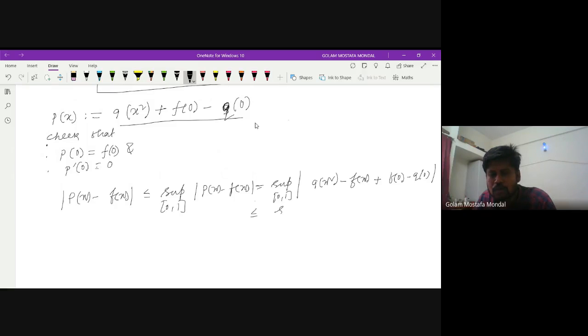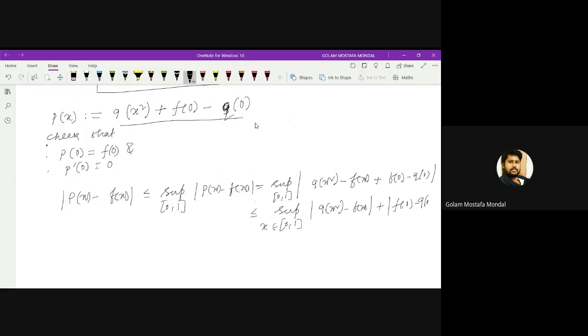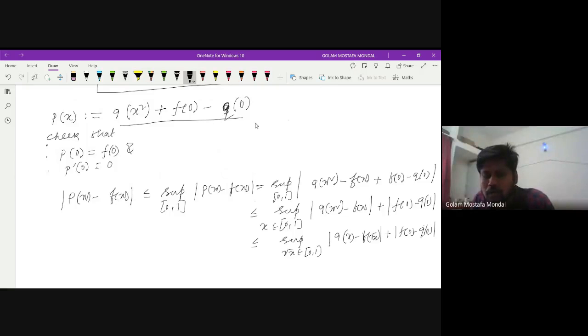So this is less or equal to the supremum over x of qx square minus fx plus f0 minus q0. We can write this as the supremum over root x belongs to 0, 1 of qx minus f of root x plus f of 0 minus q0.